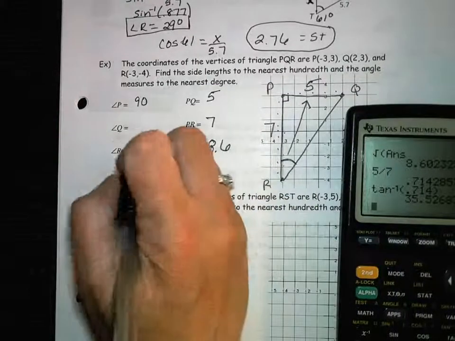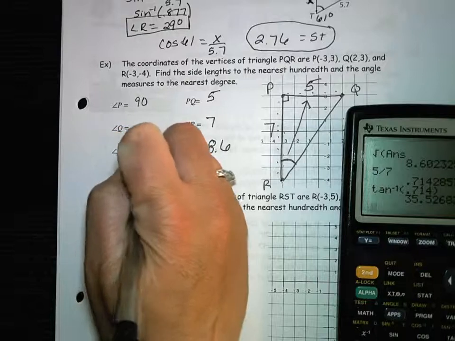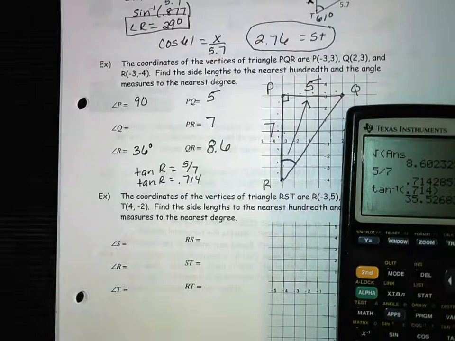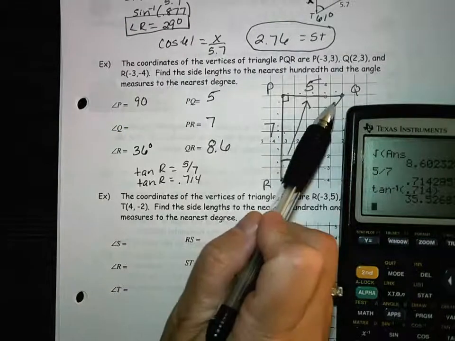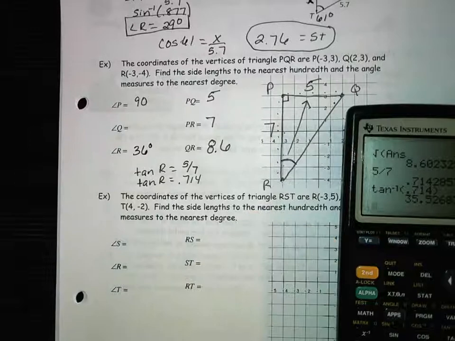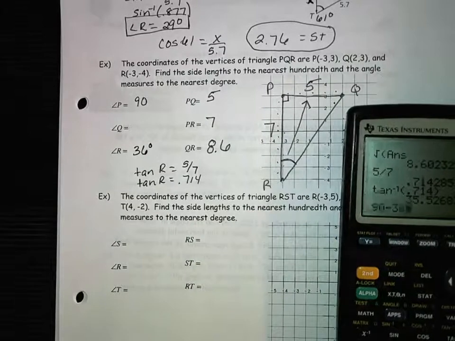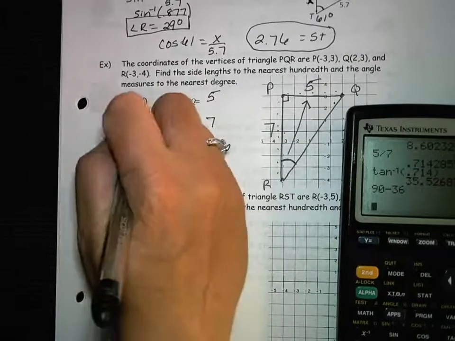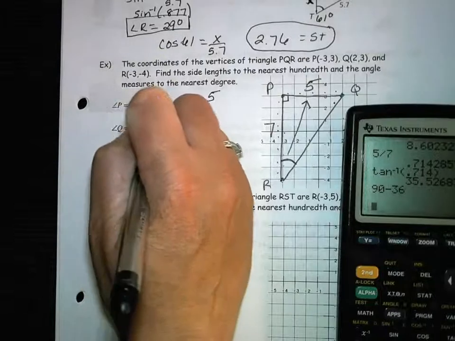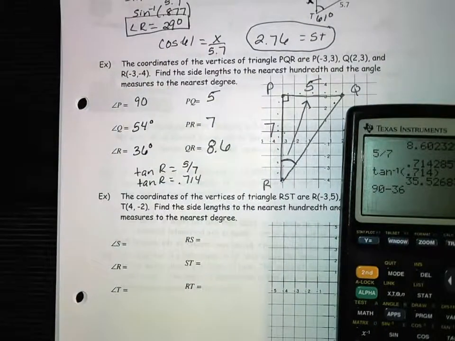Let's call it 36. Well, if angle R is 36 degrees, angle Q is 90 minus 36. So angle Q will be 54 degrees. And we found all of the side lengths and all of the angle measures.